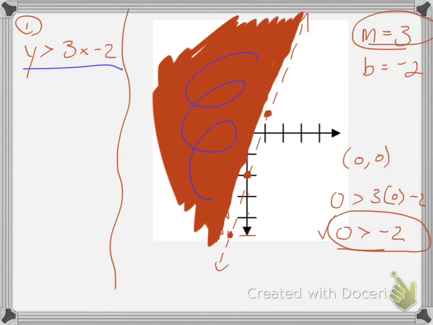So these are all the solutions to that inequality. All of these are not solutions to that inequality. Okay? An easy way to remember: once you get it in slope-intercept form, it has to be in slope-intercept form for this to work, if it's greater than, you shade up. If it's less than, you shade down.